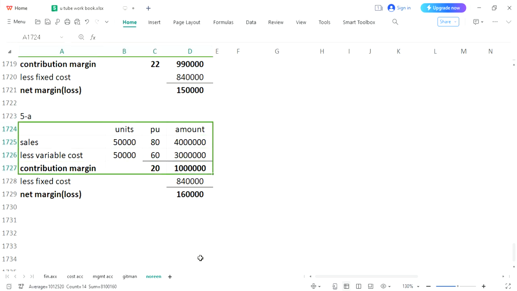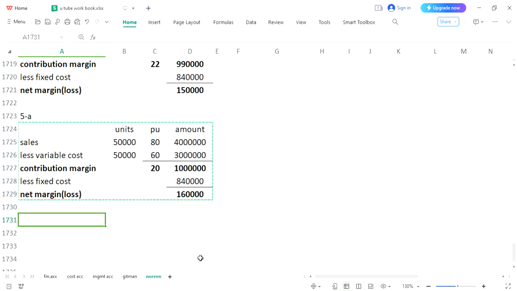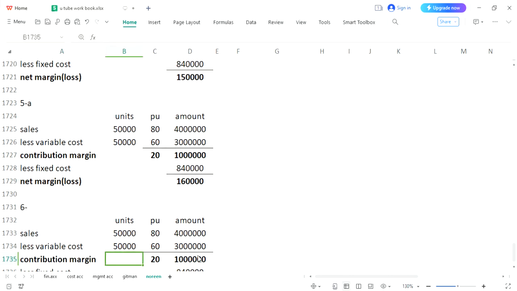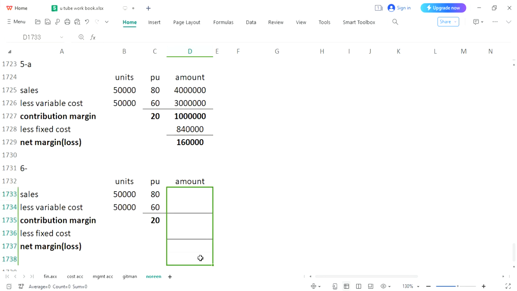For that, we will take one more option to see if it is continuously increasing. This is our sixth option we are using. For the time being, I'm deleting these available options. Now, the previous price was 80, and I am going to decrease it further by $2 and the price would be 78.